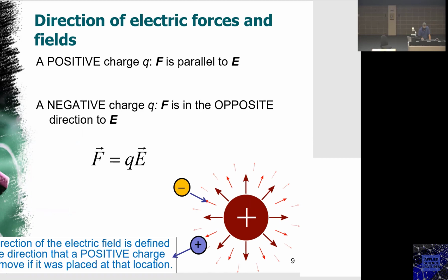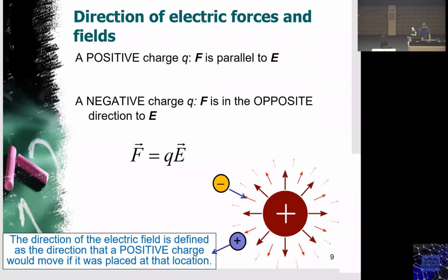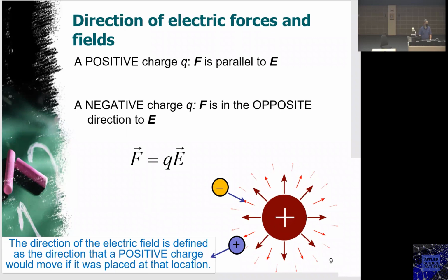Now comes the fun part. If I have a positive charge, I understand how the electric field behaves for a positive charge. So this red thing is my capital Q. That's the one that's generating the electric field. At least I am evaluating its field.